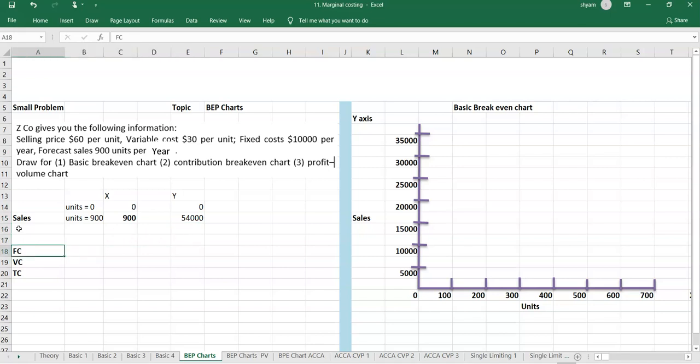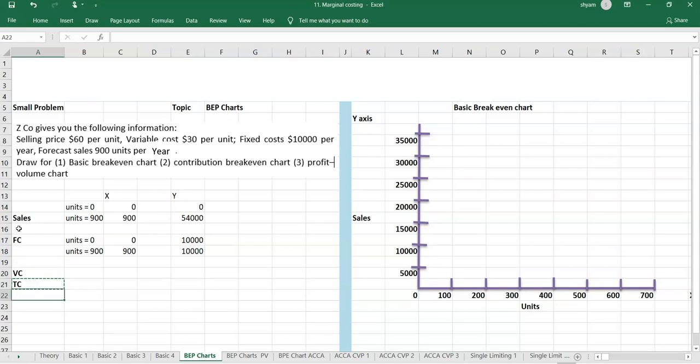In the same way, we have to find out for fixed cost. When units are 0, fixed cost will be fixed and you have to pay 10,000. And when units are 900, then also you have to pay 10,000. Either way it is 10,000. Then we go to variable cost.